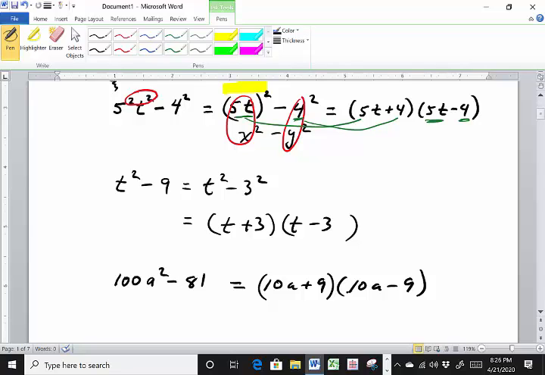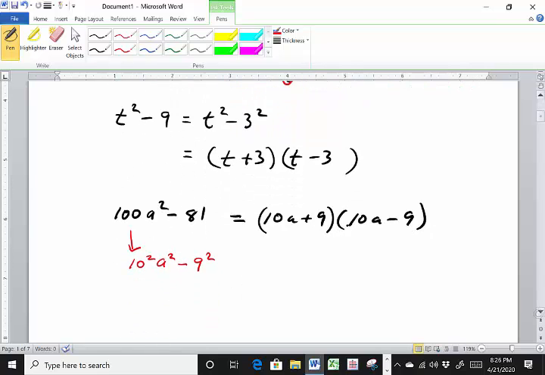Now if you didn't recognize this, try to break it down. So I'll do it this way. We can write this as 10 squared and then a squared, subtract 9 squared. And if we simplify this further, 10 squared and a squared is just 10a, raised to the second power, and then subtract 9 squared.